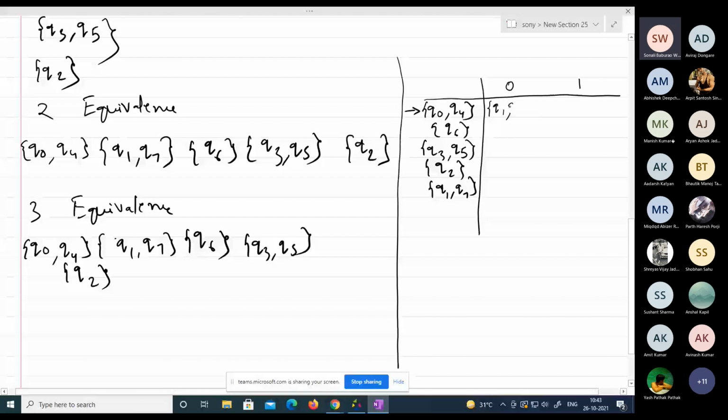I'm just writing the states here. So this is your state transition table.